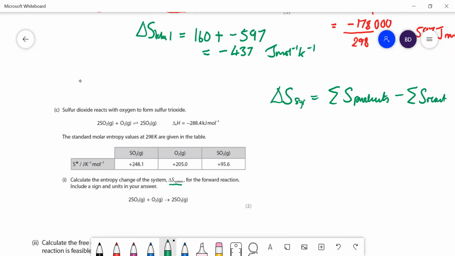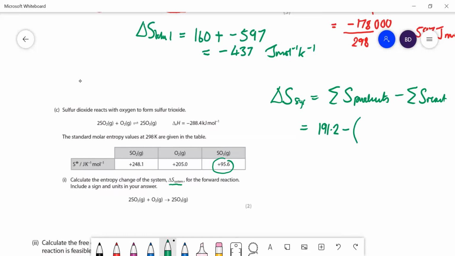Let's see. On the product side, we have 2 times the value for SO3, so 2 times 95.6 is 191.2.